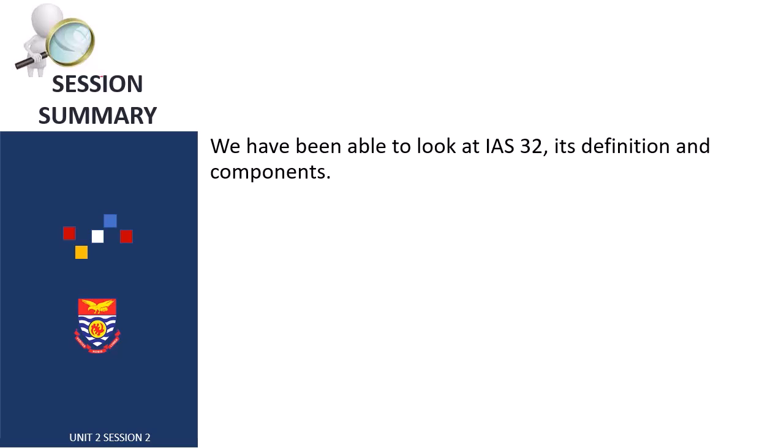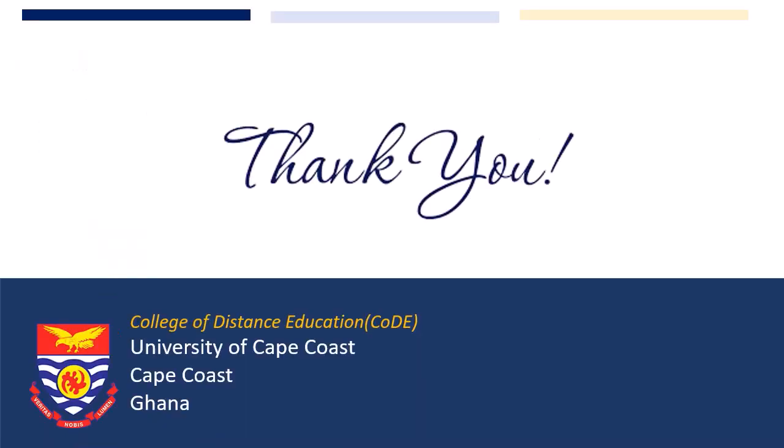Try as much as possible to read the model given, solve more questions, ask more questions as well if you need clarification. We'll meet for the next lecture. Thank you.